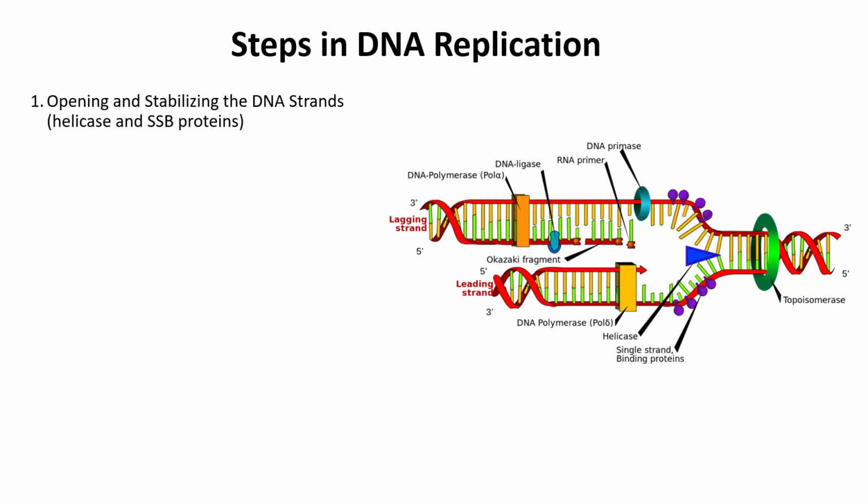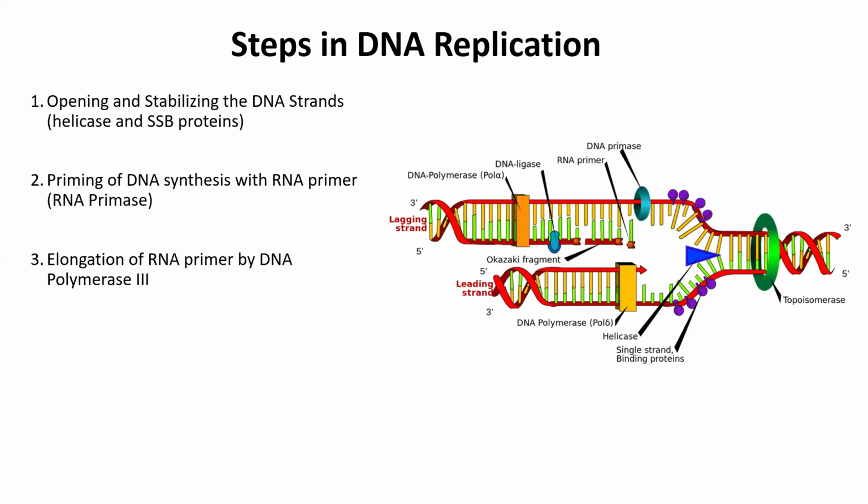So the steps include helicase and the single-stranded binding proteins, opening and stabilizing the DNA strands, priming the sequence with RNA primer to start off DNA synthesis through RNA primase. And then it starts adding on the different DNA nucleotides through DNA polymerase 3.